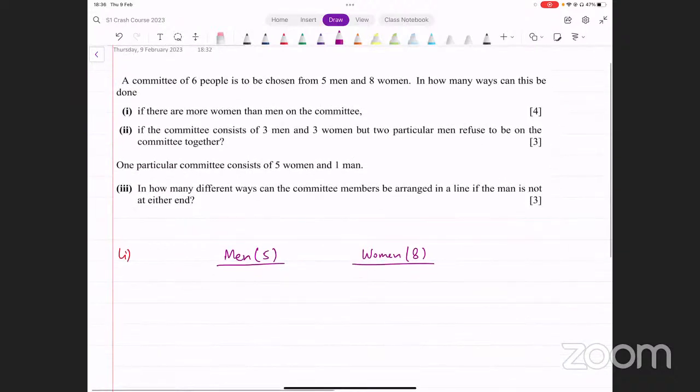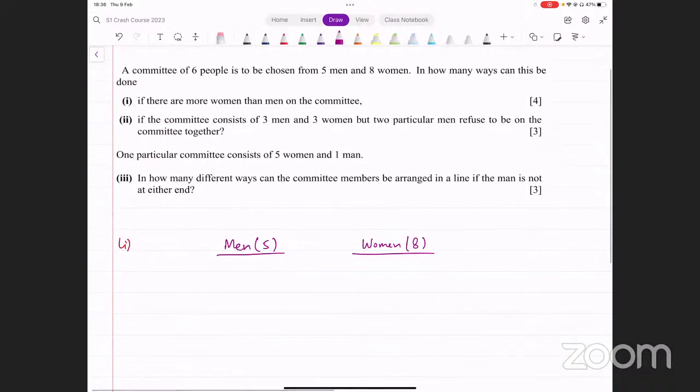Now, what are the possibilities that you have? You want the total number to be 6, okay? Since there have to be more women than men, one possibility could be that you've got no men and 6 women. That's a possibility, right? So the committee could have all women, right?